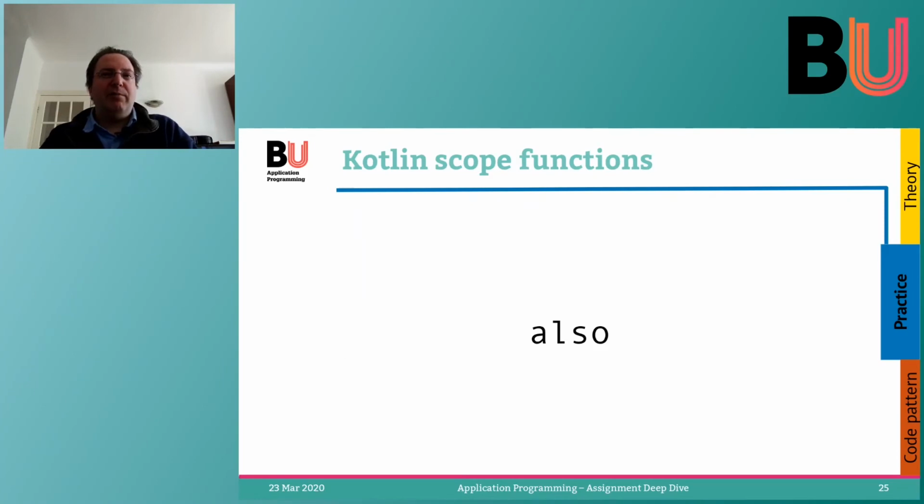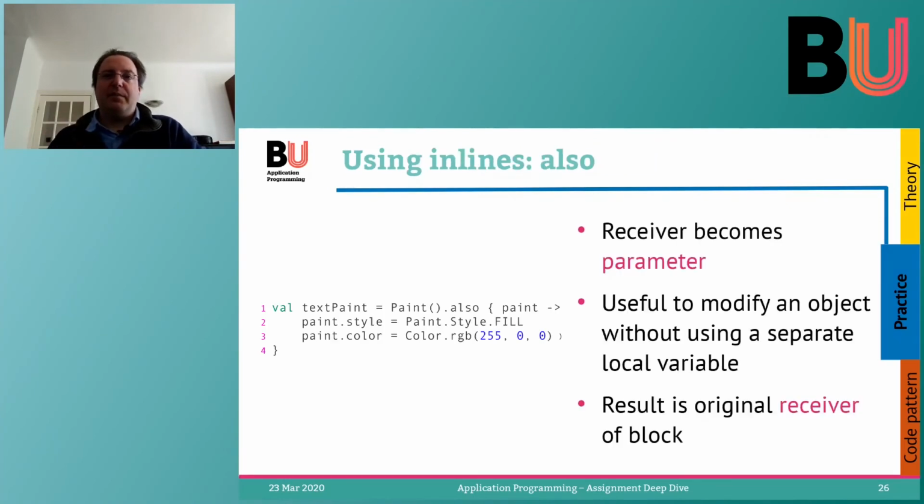Then we have the also function. The also function is basically the parameter version of apply. So where apply takes the object as a receiver, also takes it as a parameter.